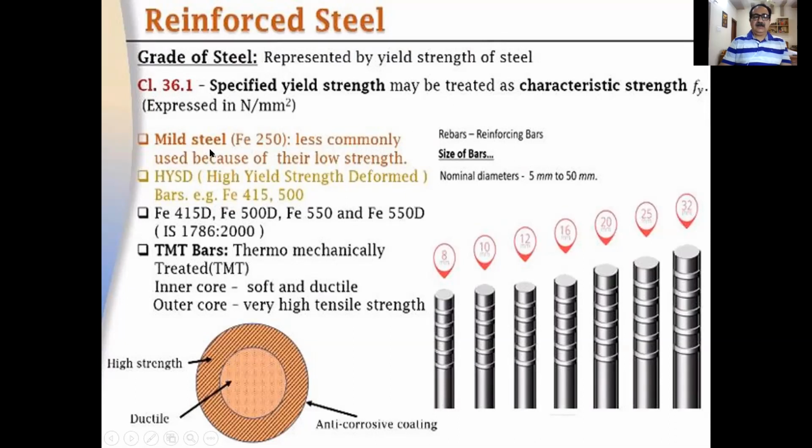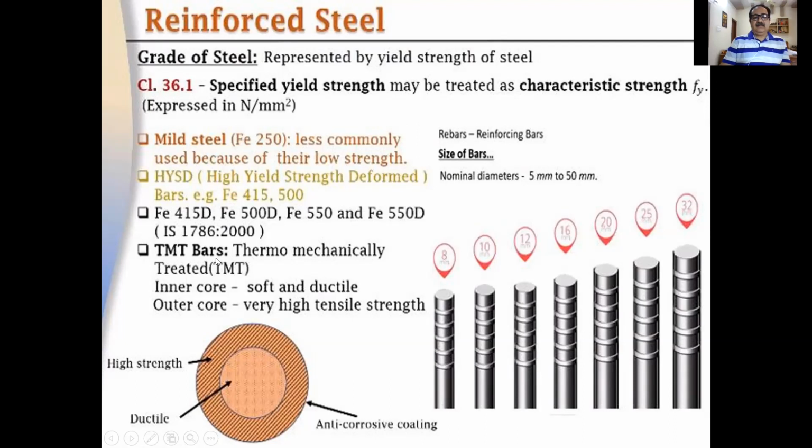As designated earlier, mild steel conforms to Fe250. It is very less commonly used because of its low strength. It has only 250 Newton per mm square of tensile strength. Whereas HYSD bars go from 415 up to 500, 550, and even 600 grade is now being manufactured in India depending upon special demand.